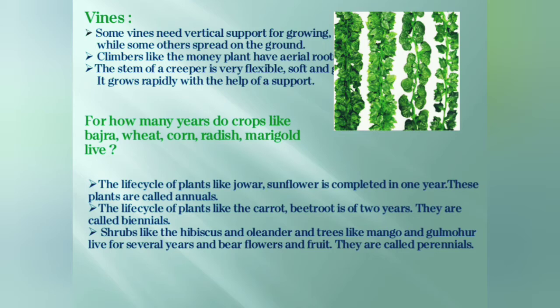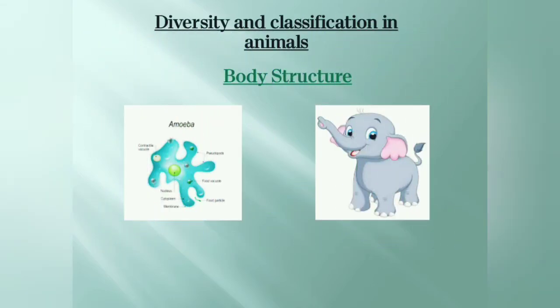Now, diversity and classification in animals on the basis of their body structure. In this diagram, we can see that the first one is amoeba and the other one is an elephant. We all know that amoeba is unicellular. What is the meaning of unicellular? Those animals or species which have only one cell.